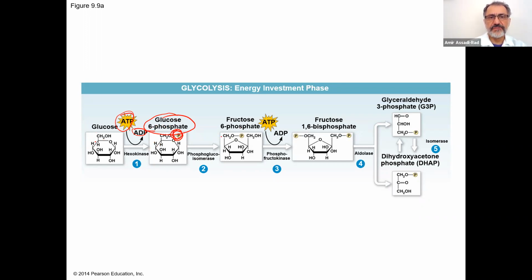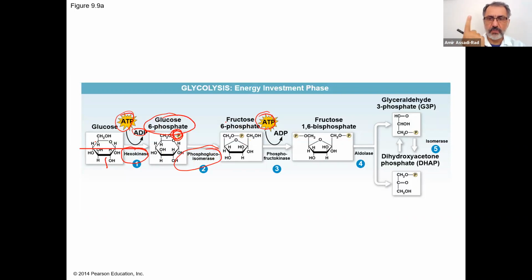The enzyme hexokinase converts glucose to glucose 6-phosphate. And then phosphoglucoisomerase converts glucose 6-phosphate to fructose 6-phosphate. Then another ATP is needed for 1 molecule of glucose.